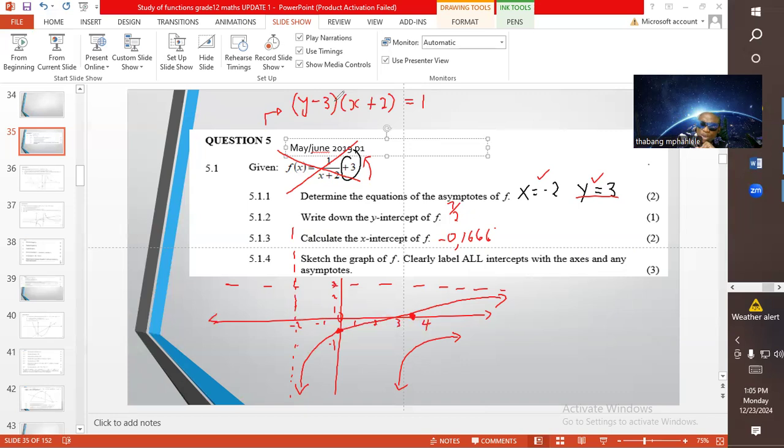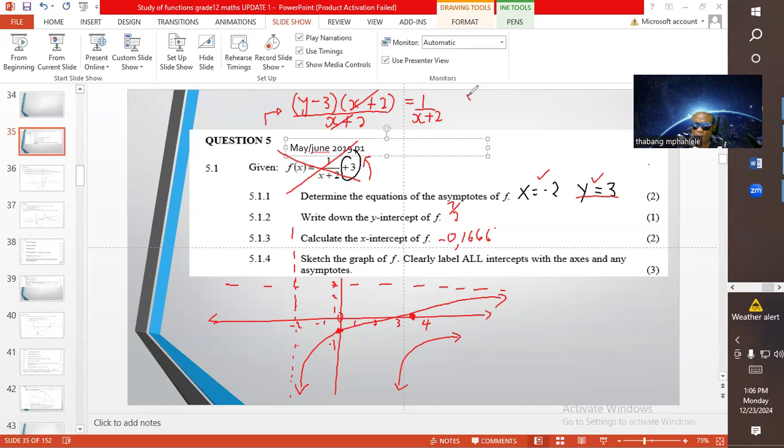So you're going to say, okay, y minus 3 in brackets, x plus 2 in brackets equals 1. What you do, you're going to first divide both sides by x plus 2. You want to reach the point where y is the subject of the formula. Now x plus 2 cancels x plus 2.